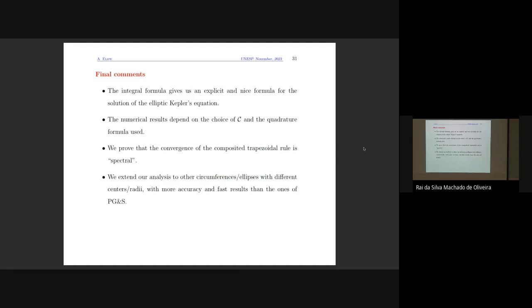And we don't care about the starter of the iterative methods, which is a headache, continuously choosing a starter that may make the method converge or not. Here the method is valid everywhere, is very fast, and also is easy to compute. But I think I stop here. Thank you.